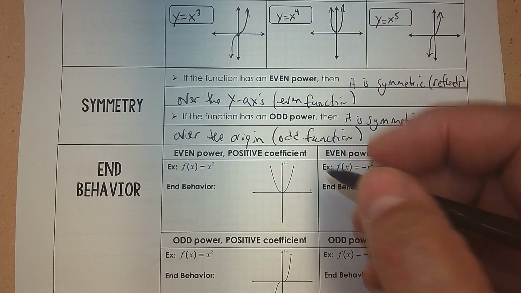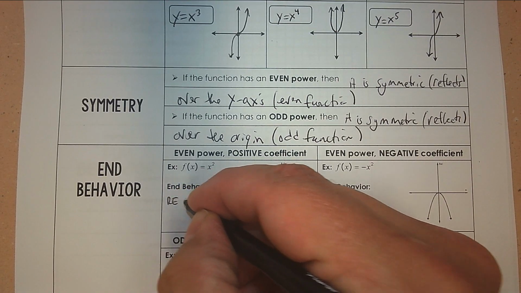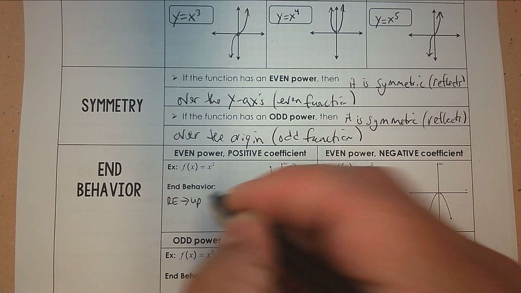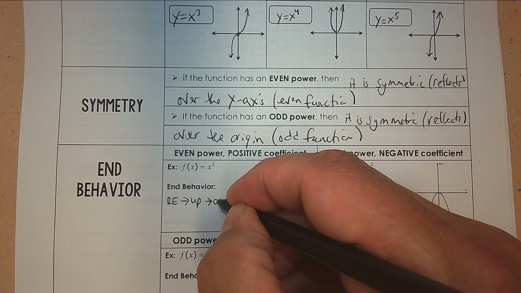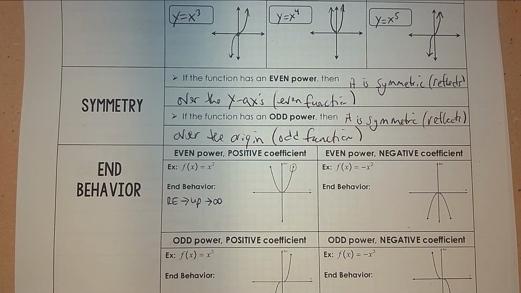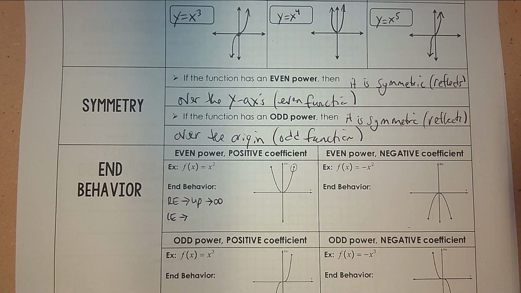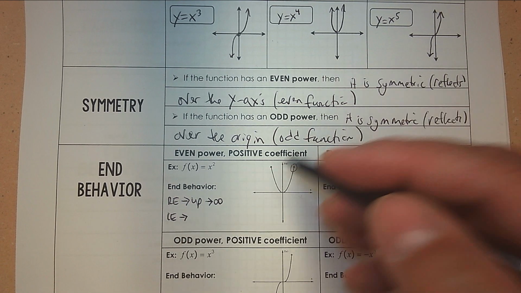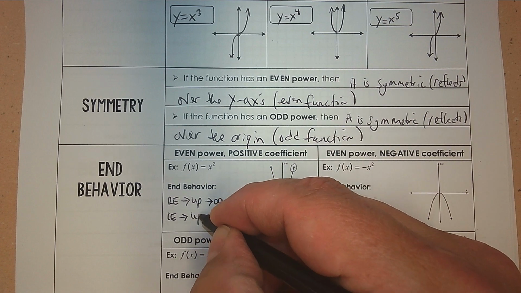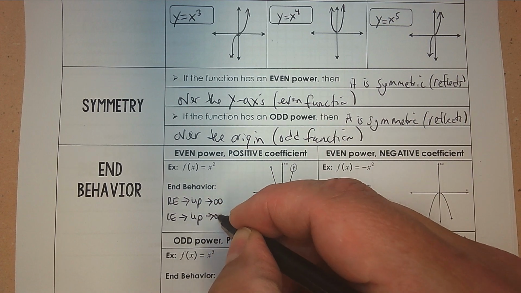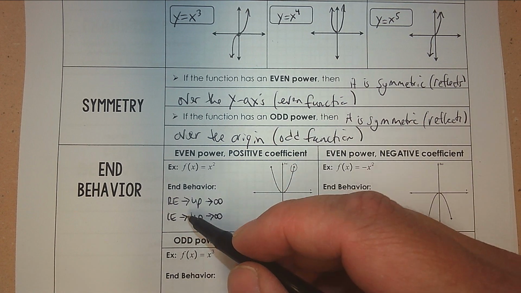If I look at the right end behavior, I want you to notice that the right end is going up, and a fancy way of saying it's going up forever is that in math we say it goes all the way to infinity and beyond. The left end, when it's even, you can tell is also going up, and it's also going to infinity. There are more fancy ways we're going to write this as we get closer to calculus.